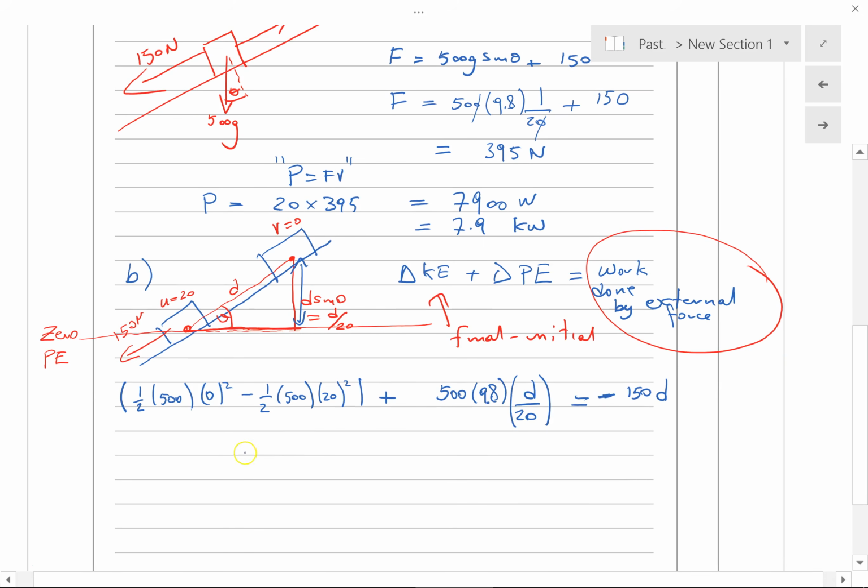Let's work this out then. Let's tidy this up a bit.